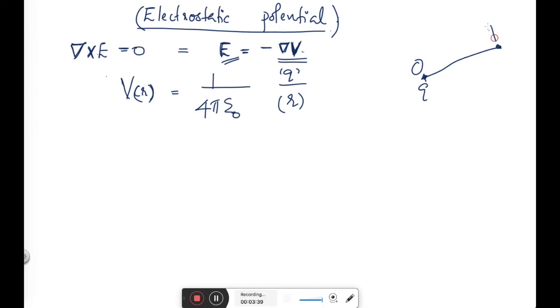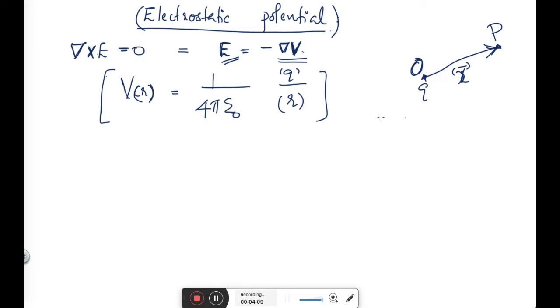You are measuring at P, and R is the position vector. This is the simplest way of representing the potential at a point due to a point charge kept at the origin. Vector R is a position vector, and here it is the modulus, the length of the position vector from the charge to this point.